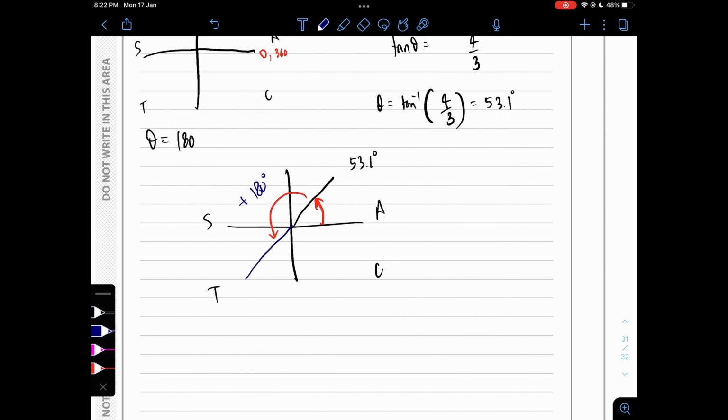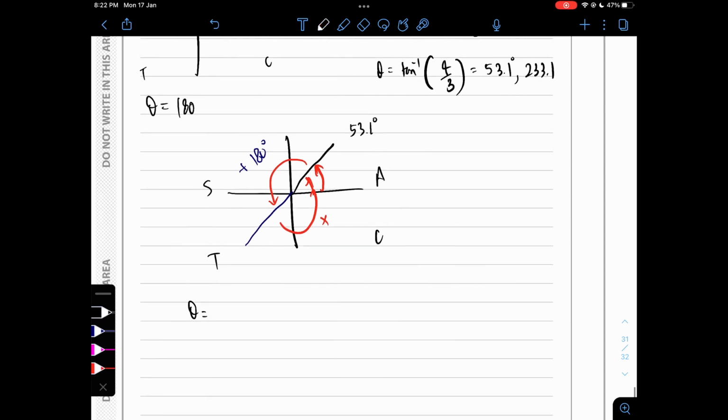So add 180, we get 233.1. Do we continue all the way back here? No, because it's greater than 360. So our values for theta are 53.1 degrees, 233.1 degrees, and 180 degrees.